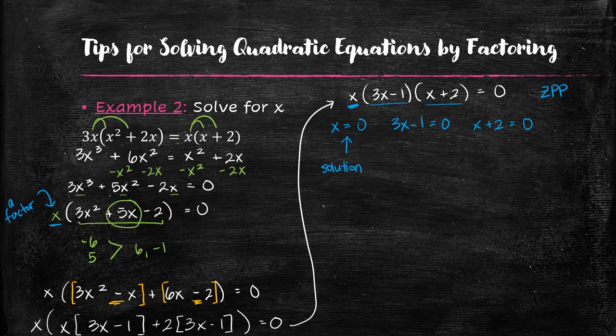So let's see, I will perhaps add 1 to both sides first for this middle one, and then we will need to divide both sides by 3. Okay, so we'll end up with another solution of x is equal to 1/3. And then in the last case, we'll just want to subtract 2 from both sides to end up with x is equal to -2. So all together, we have 3 solutions, 0, 1/3, and -2.